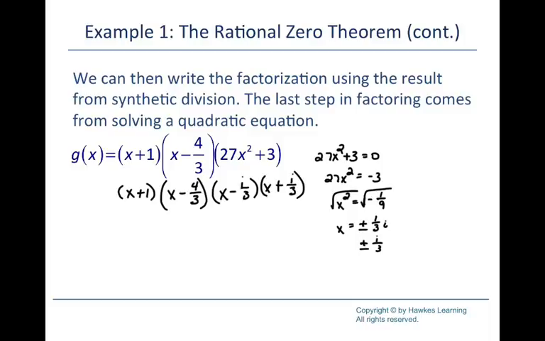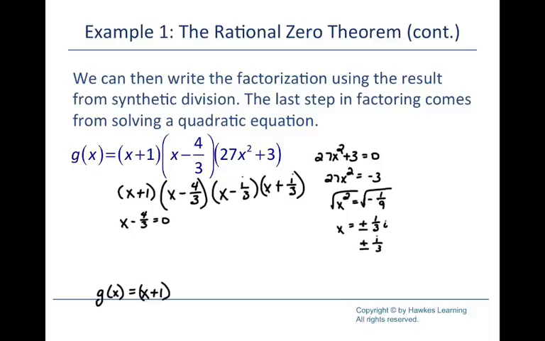We usually don't want fractions in factors. So let's think about how we could make that not a fraction. So we're going to go back and look at the x minus 4/3. I'm going to write my final answer down here. g of x. We know x plus 1 is nice, an even looking factor. Let's work next on the x minus 4/3. We can set that equal to 0 for our solution.